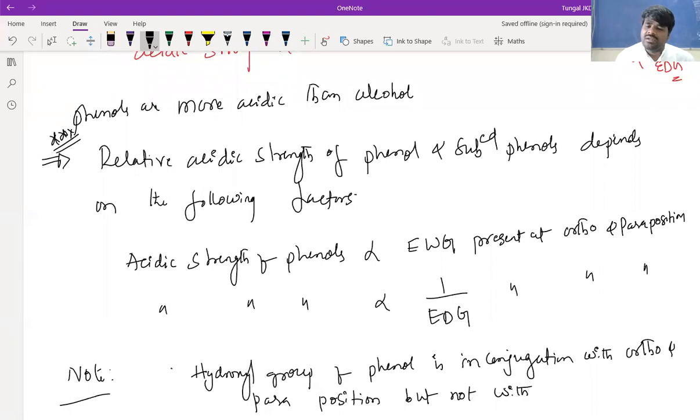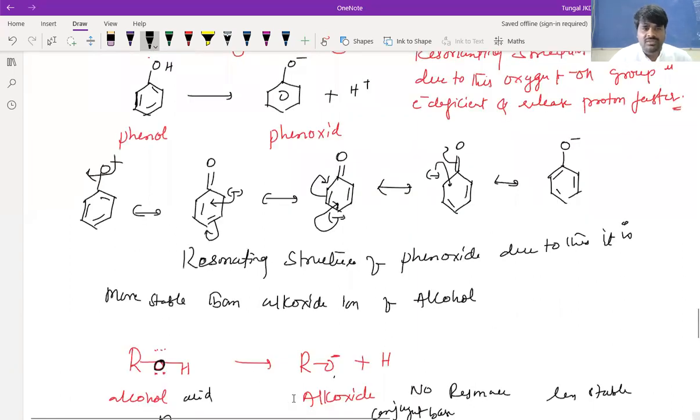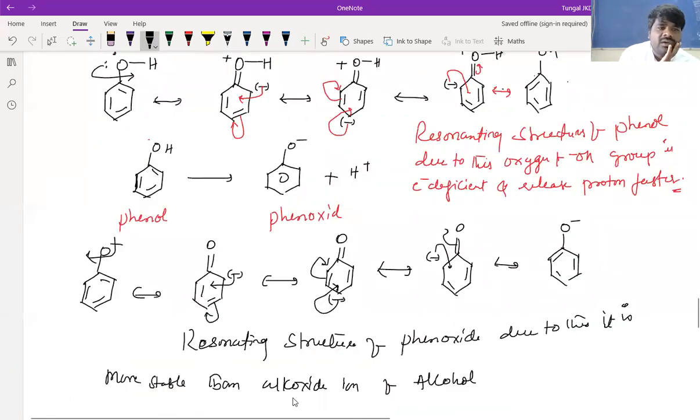What does that mean for the meta position? In the presence of the hydroxyl group, if you look at this resonating structure, this is your phenolic group. So due to the presence of this phenolic group, what is happening?